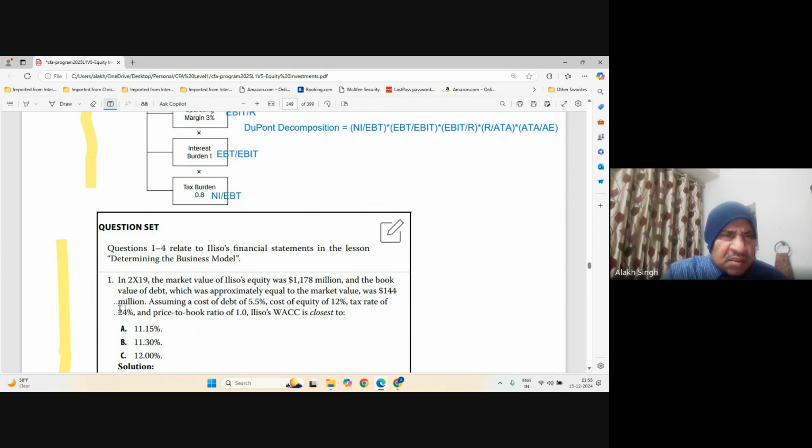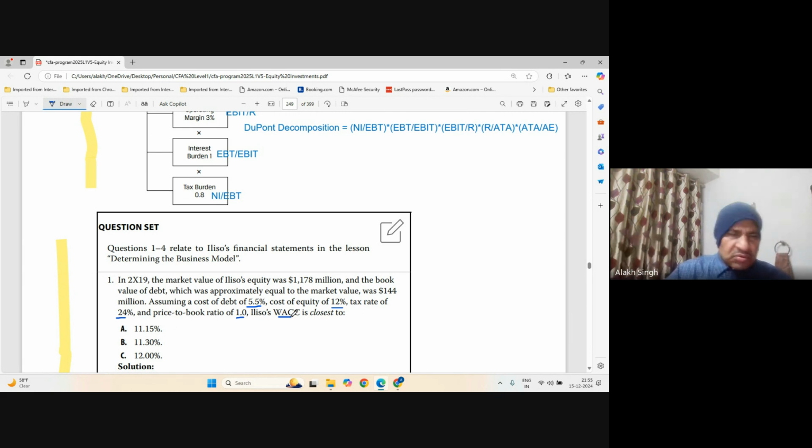Assuming the cost of debt is 5.5%, which is the rate of interest, and cost of equity is 12%, as per CAPM or maybe the Fama-French model, whatever, but it is 12%, and tax rate is 24%. Where will the tax rate be used in calculating WACC? In my equity research report, I calculated WACC where I deducted the tax rate. Price to book is 1. So we have to calculate WACC.